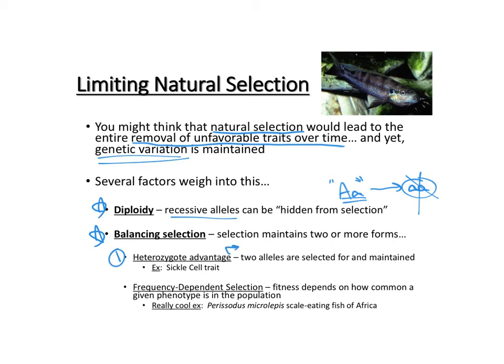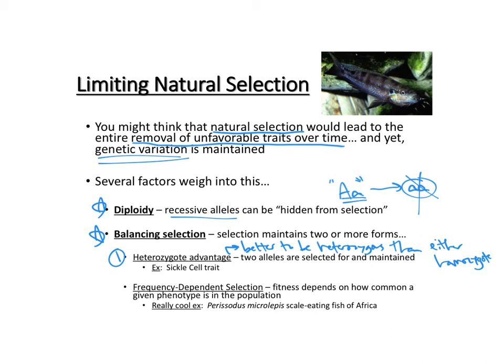This is where, honestly, it's better to be heterozygous than either homozygote. Right? So what this does is it continues to select for both of those alleles to stay in our population.